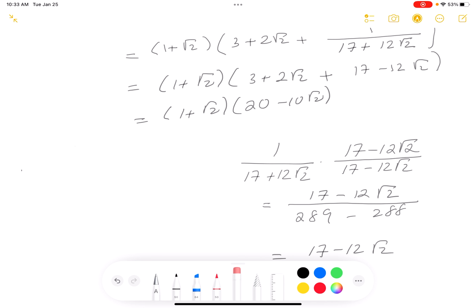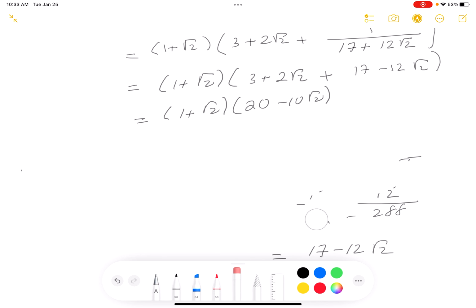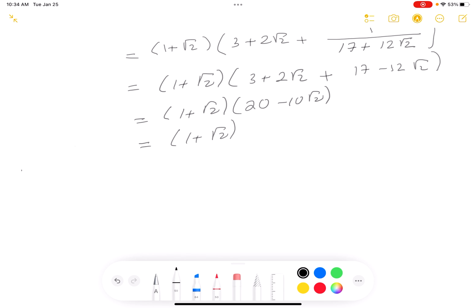I want to erase this side work, by the way, and I want to keep working. Let's keep going. When you get over here, 1 plus root 2. Well, I'm going to factor out a 10. And what do you get there? 2 minus root 2.